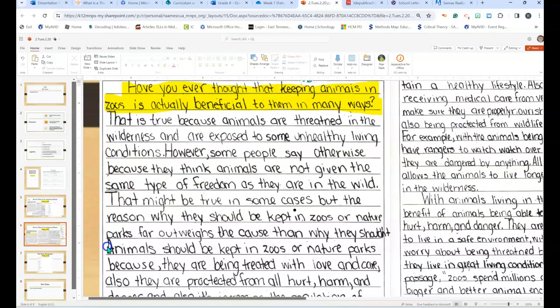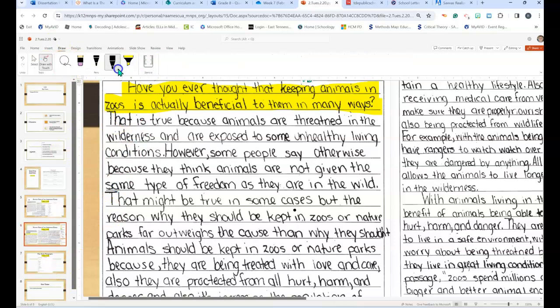So this whole big piece right here, we call the background or bridge. The background or bridge gets us thinking about the topic.